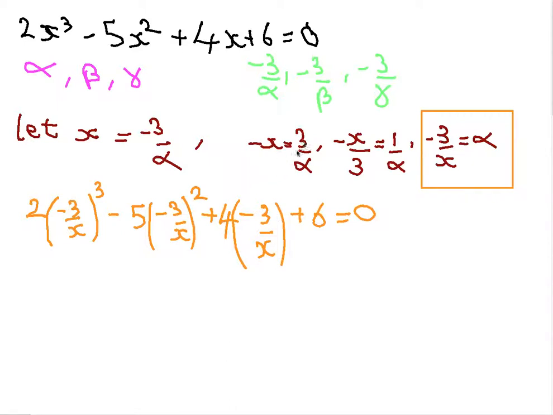Let's now assume that minus 3 over alpha is a solution to this equation. So I'm going to substitute that for x in there and see what we get.